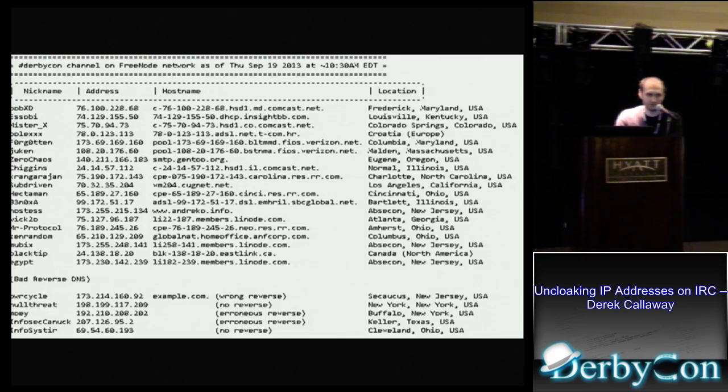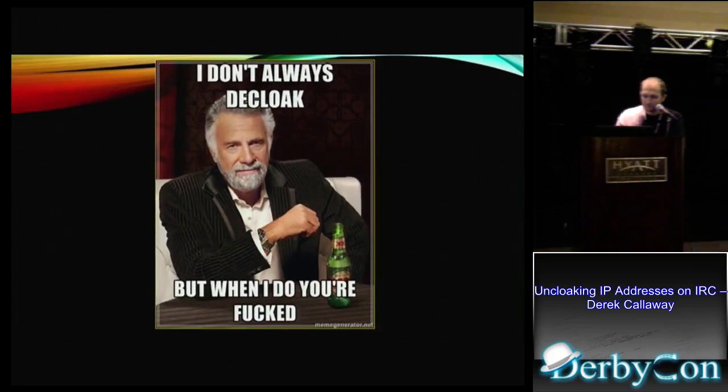So Power Cycle, they use example.com, which isn't the real address, but that's actually pretty crafty. Got a couple of Linode addresses there, but it's mostly residential Roadrunner, Comcast, Verizon, Fios type of thing. I couldn't resist using that one.